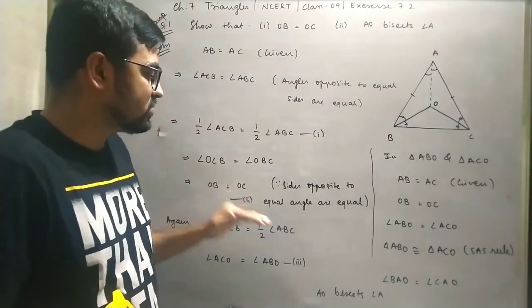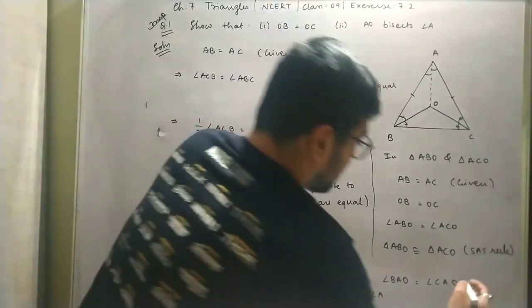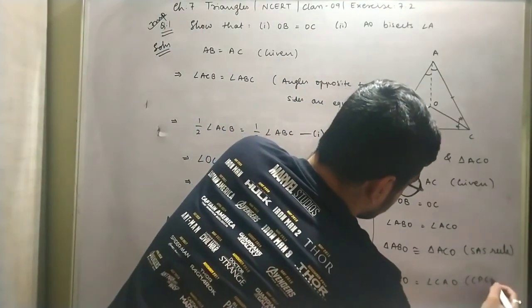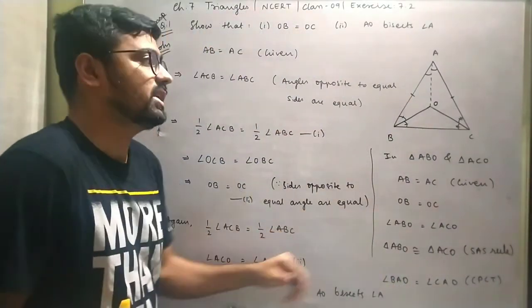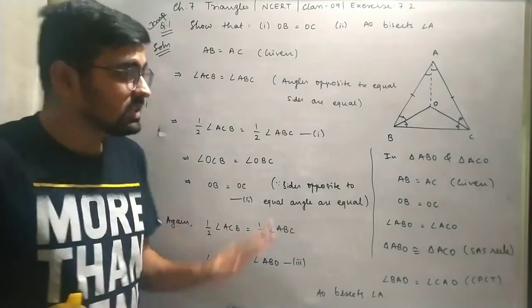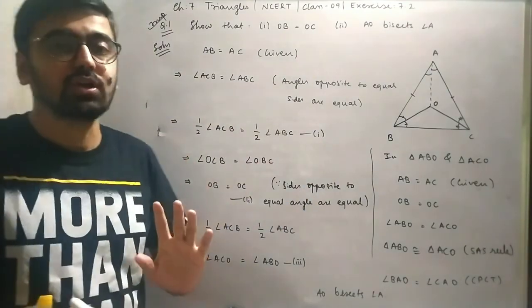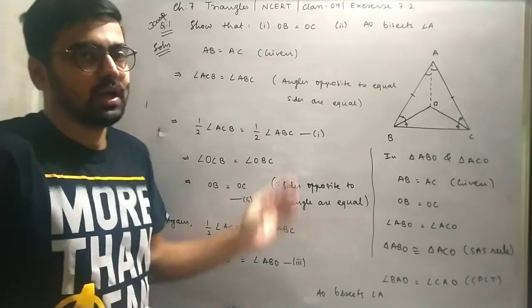First OB equals to OC and second AO bisects angle A, because I get to know, here we will definitely write CPCT, right, because from CPCT we got this equal, and then we can easily say that AO bisects angle A. So this is how we are supposed to solve this kind of question. Am I clear? You can pause the video and note it down.